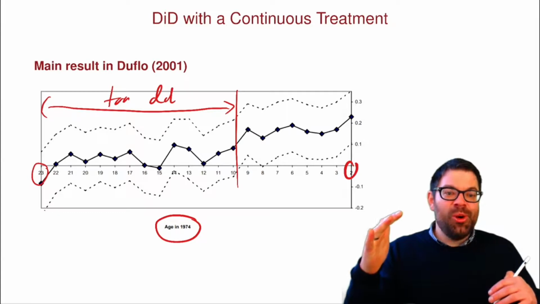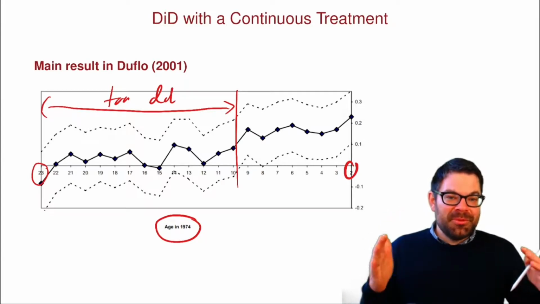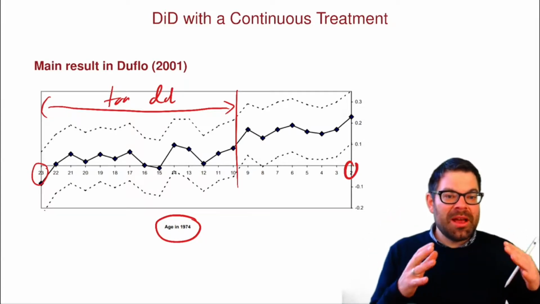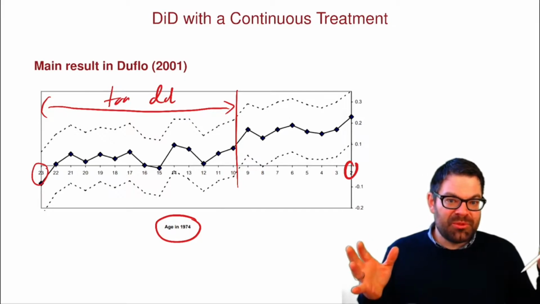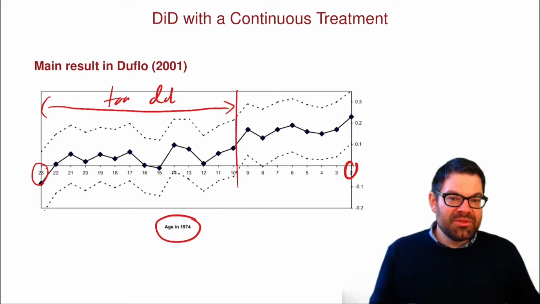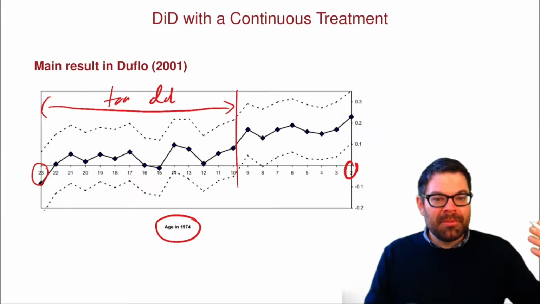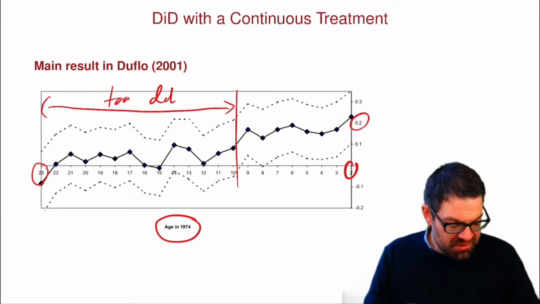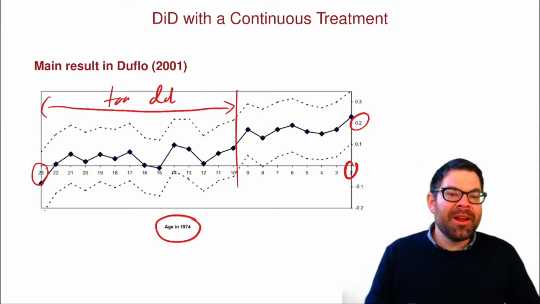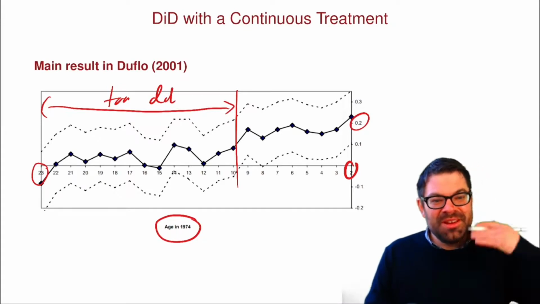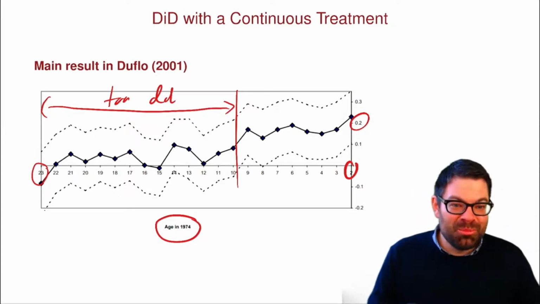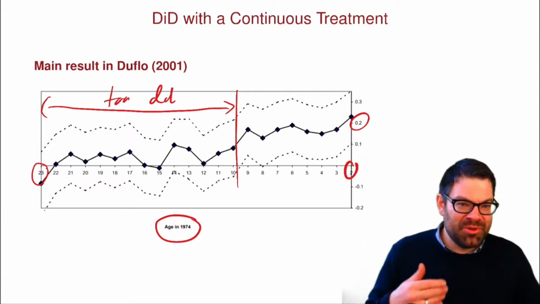But that difference opens up when you look at the cohorts that were actually affected by the school construction. Yeah? And so they have significantly more schooling, okay, so 0.2 years on average, for every 1 unit increase in the number of schools or in the percentage of schools.